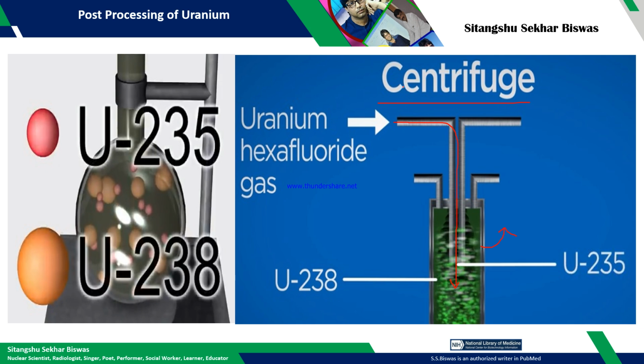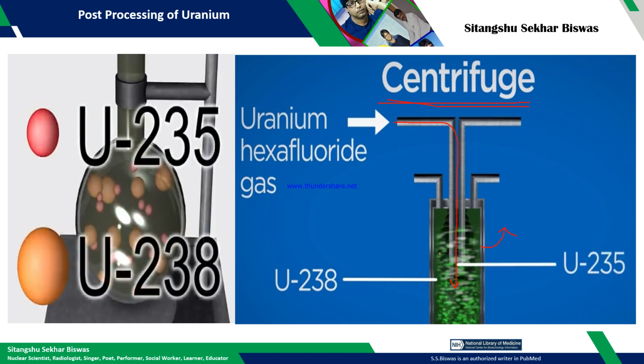In that case centrifuges are used, where the container is rotated at very high speed, and due to centrifugal force the particles of higher density accumulate in the outer layer of the container, whereas the particles of lower density stay near the axis of rotation.